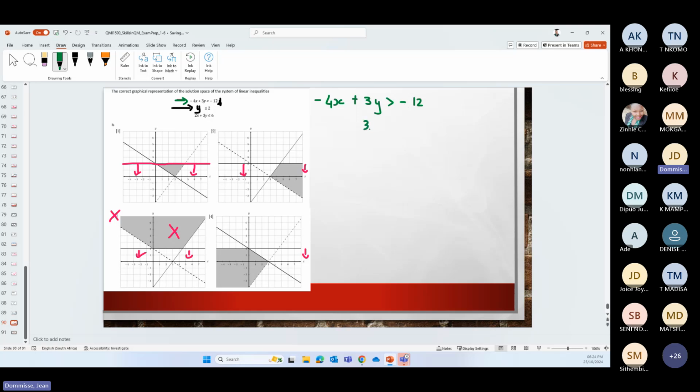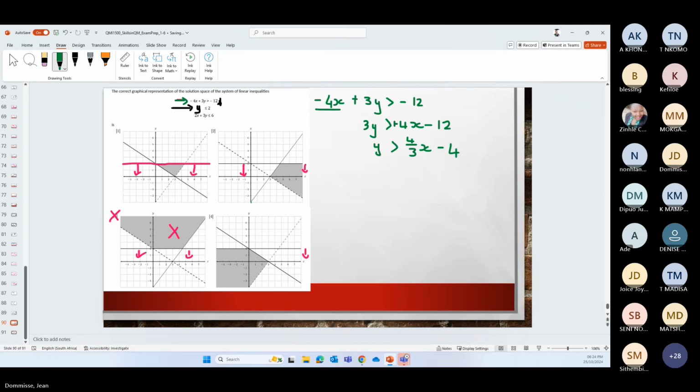So we'll first keep this 3y, but then the minus 4x goes to the right-hand side, so that becomes plus 4x minus 12, and then we'll divide by 3, so y is bigger than 4 over 3x minus 4. So let's look at where minus 4 goes.